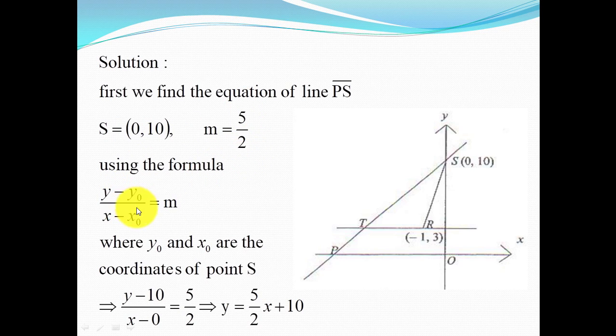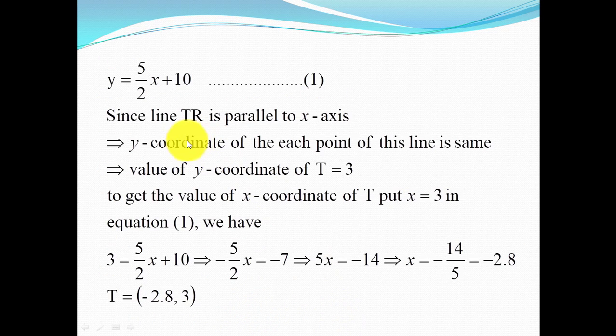Using the point-slope formula, through which we can obtain the equation of a line, where x naught and y naught are the coordinates of point S. So y naught is 10 and x naught is 0. Putting these in, y minus 10 equals 5/2 times (x minus 0), and after simplification we get y equals 5/2 x plus 10.